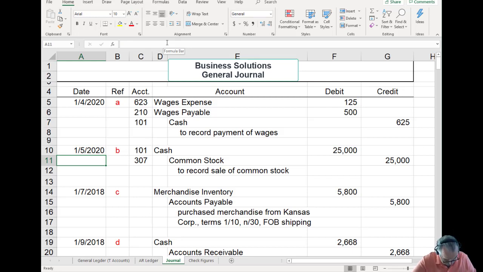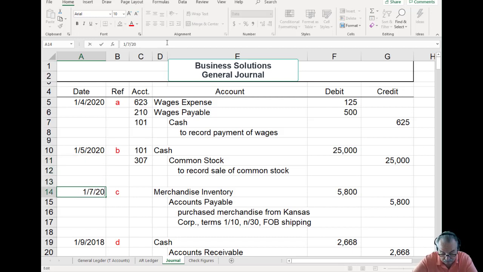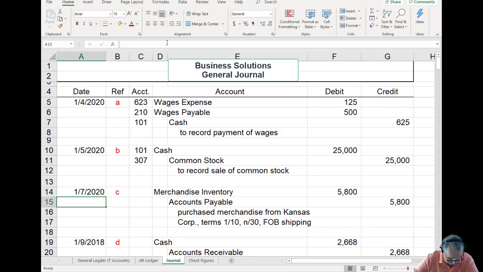Transaction C, on January the 7th, the company purchased $5,800 of merchandise from Kansas Corp with terms of 1/10, net 30, FOB shipping point, invoice dated January the 7th. So in this case, we bought some merchandise, something that's going to be resold.